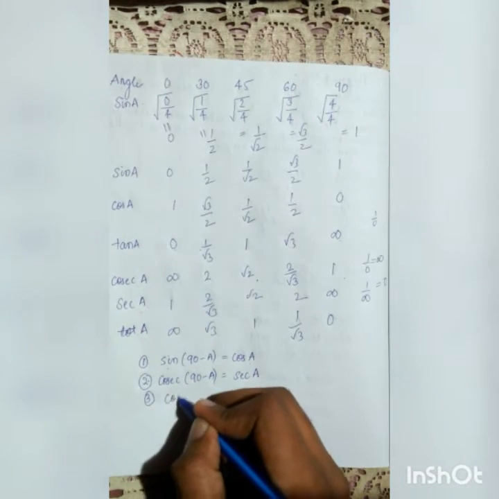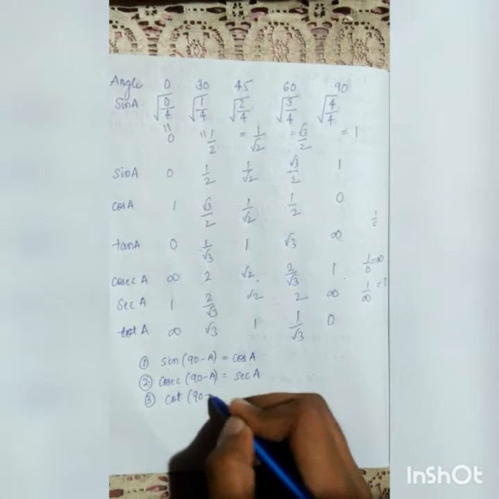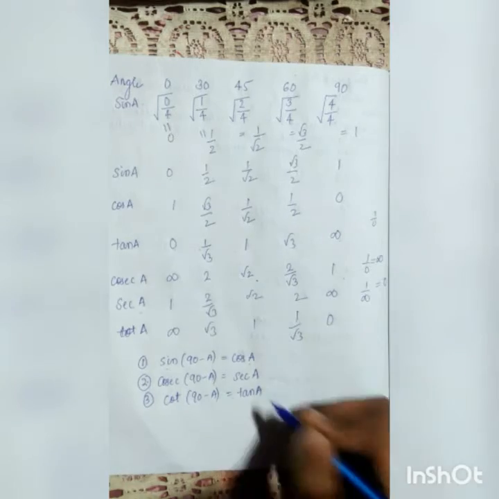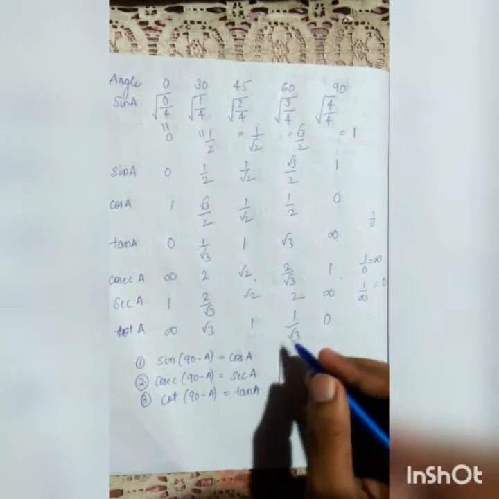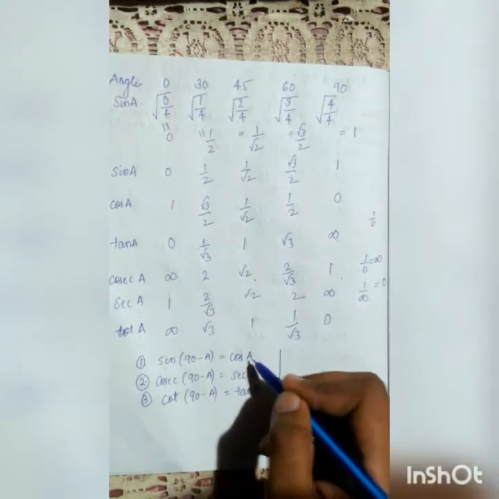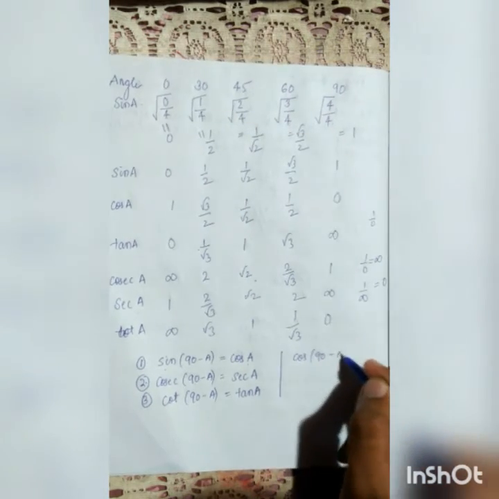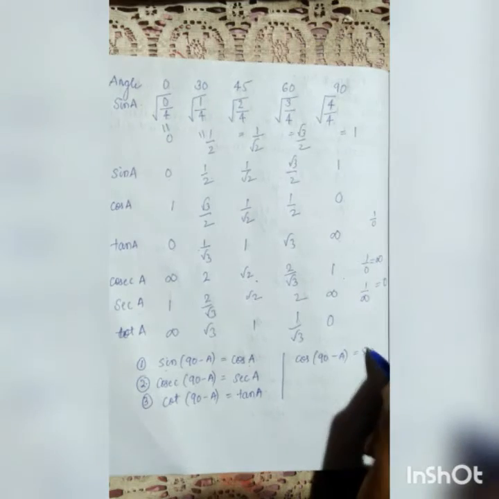Third, cot of 90 minus A is equal to tan A. Now we can write this vice versa also. Sin 90 minus A is equal to cos A, so cos 90 minus A is also equal to sin A.